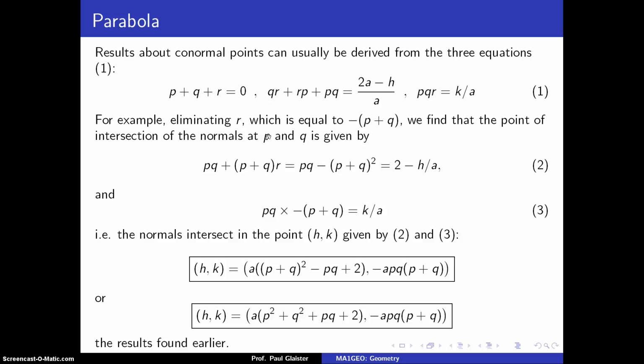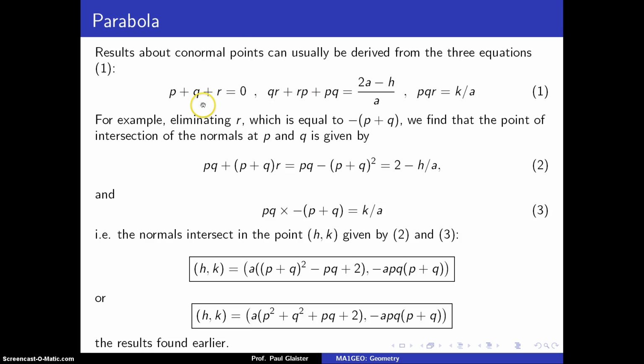Now we can also use those same three equations that are written up the top here that relate the three parameters for three normals that each pass through (h, k) to determine the points of intersection of those three normals, or in general just say 2, as we've seen before. So let's suppose p, q, r represent the 3 points on the parabola whose normals pass through (h, k).